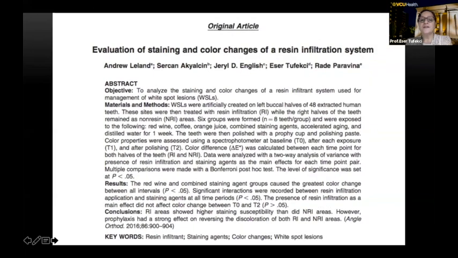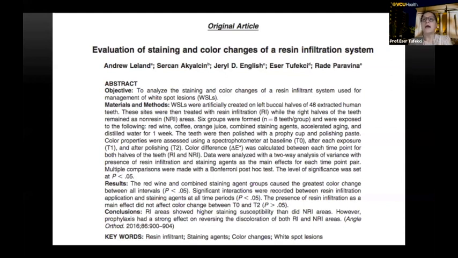Another study that I was involved with is by Andrew Leland, another resident at the University of Texas. He looked at the staining properties of these lesions. He had a bunch of teeth with white spot lesions that were created in the lab.